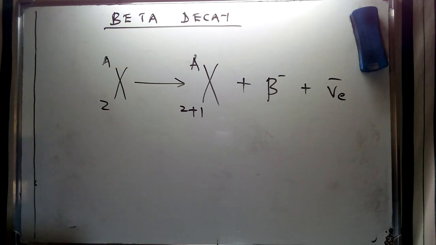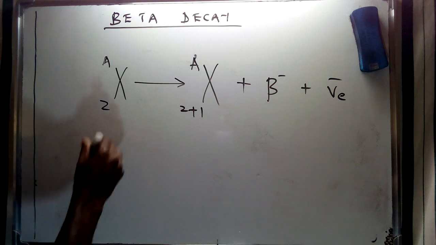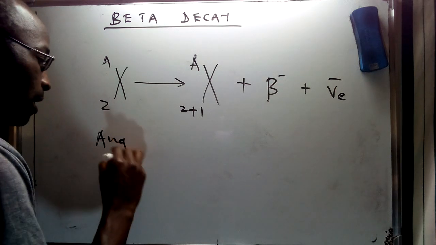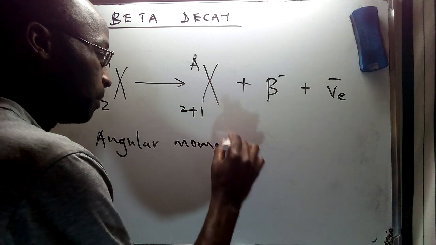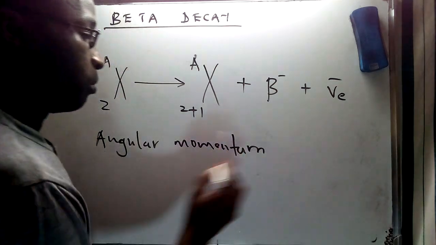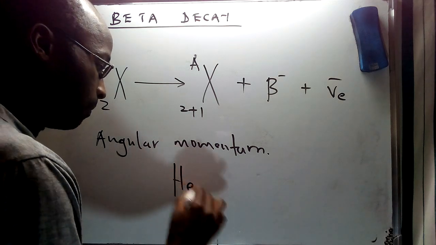So in this specific case of beta decay, insofar as the conservation laws are concerned, we're going to see that angular momentum is experienced. This is in contrast with alpha decay, which we have said is basically the release of a helium nucleus.